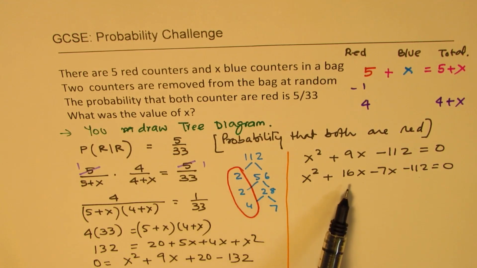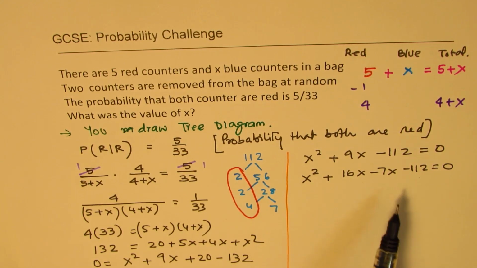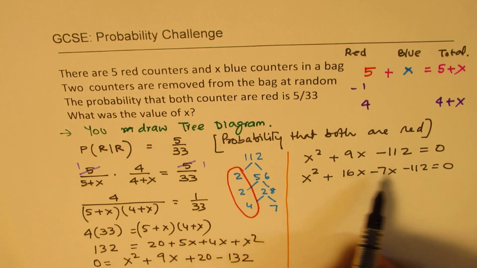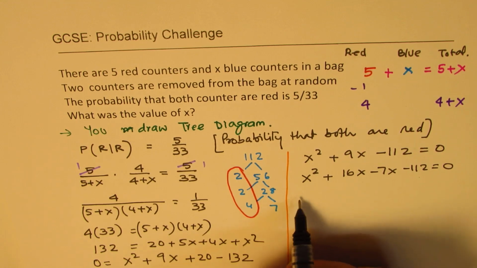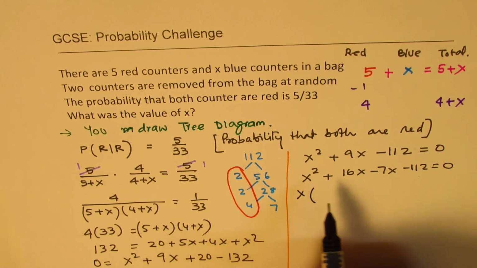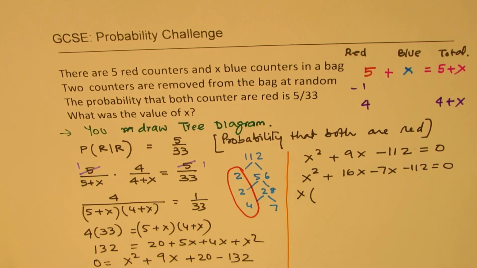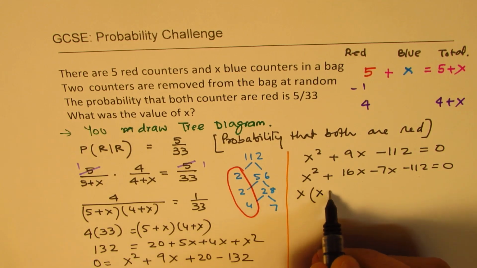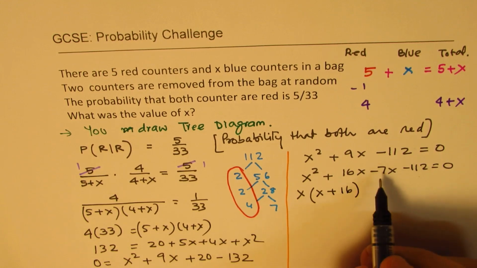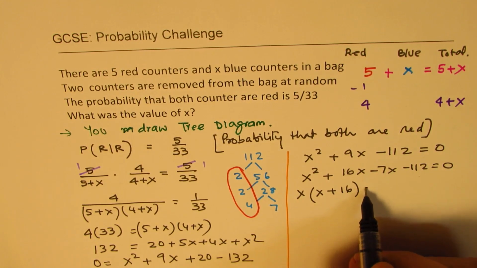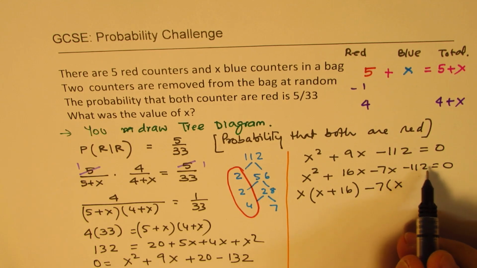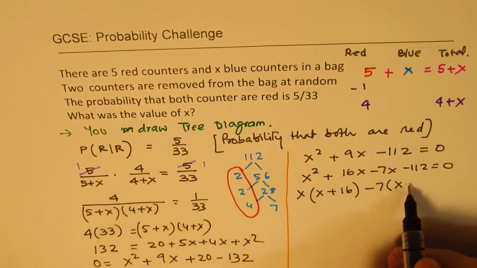I could have written directly the factored form, but I'm going in steps just to show you how, because we have students of different difficulty levels here, so that is why it's important. So we have x plus 16 here, and if I take minus 7 outside, I get x. 112 divided by 7 should be 16, right?